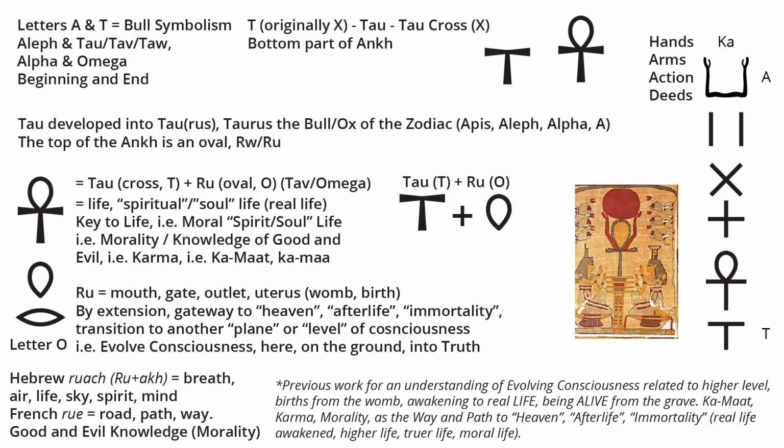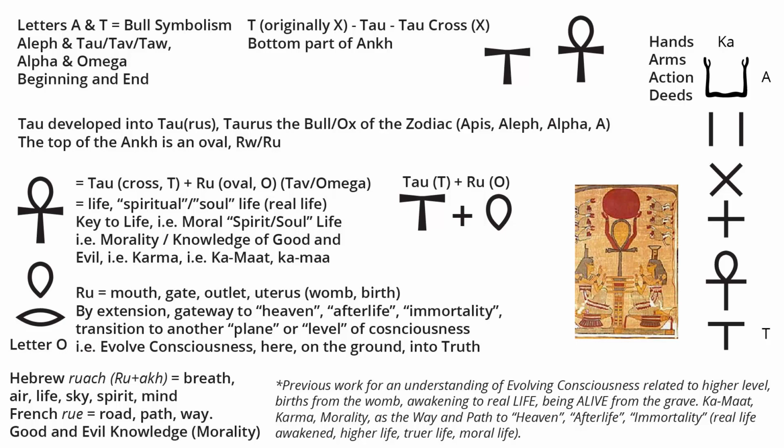And the Tau cross is the bottom part of the Ankh, which I've shown here. You have the Tau, and if you look at the Ankh, the Ankh is just the Ru part on top, and if you remove the Ru, all you're left with is the Tau cross. And on the far right side bar, I've shown at the beginning, in the first infographic, I've explained the Ka, the arms. You take them just as two lines, you cross them over, it becomes the sun cross symbolism.